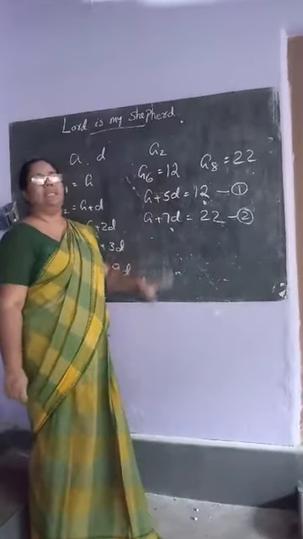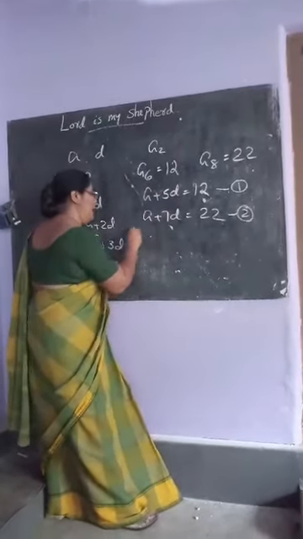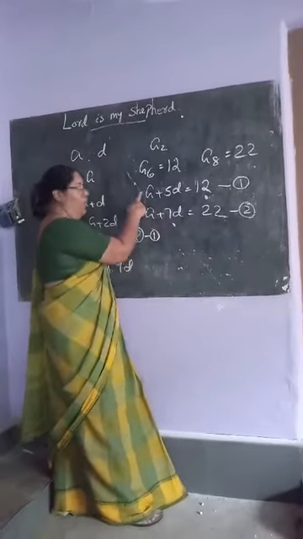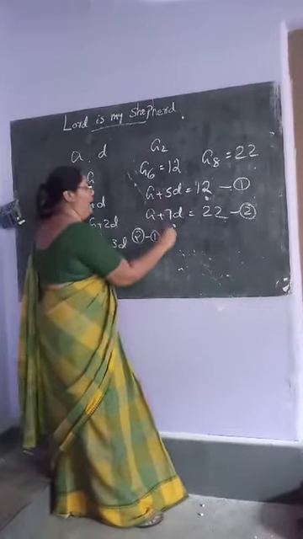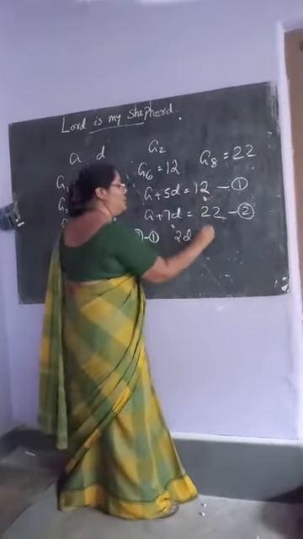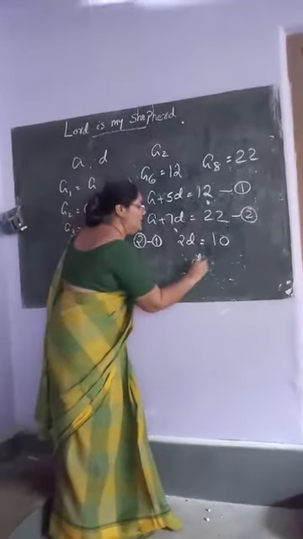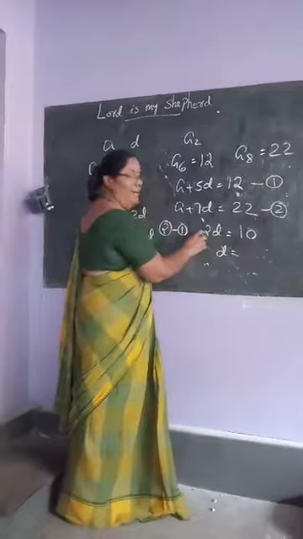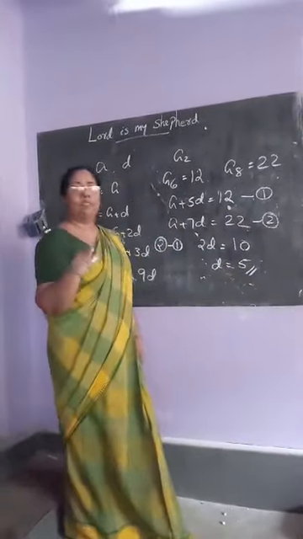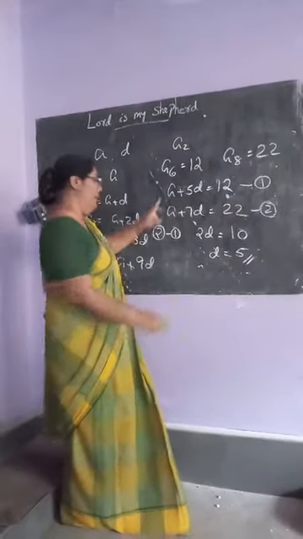A minus A is 0. 7D minus 5D is 2D, equal to 22 minus 12, which is 10. Now D is equal to 10 by 2, which is 5.